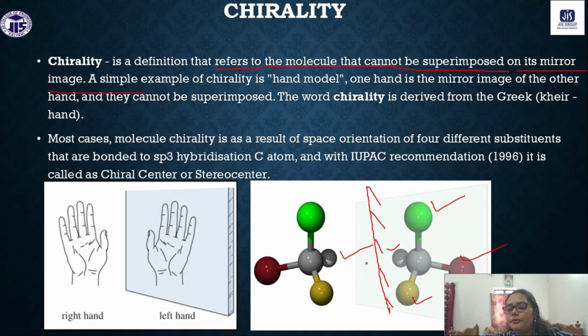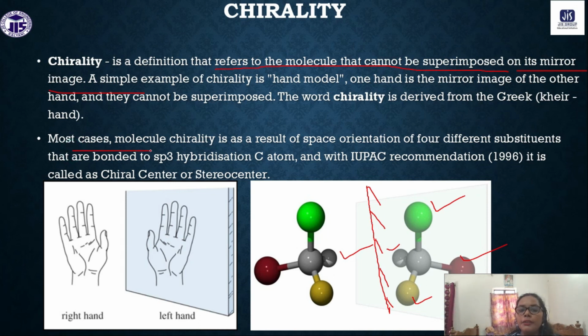If this molecule comes here, green will be here, but the yellow will be imposed with the red atom, and red will be imposed with the yellow atom. So it is not at all superimposable, right? So this molecule is called a chiral molecule, which is non-superimposable on its mirror image.